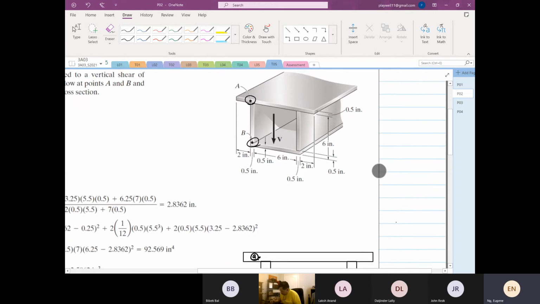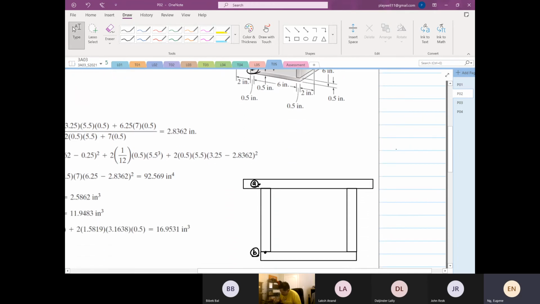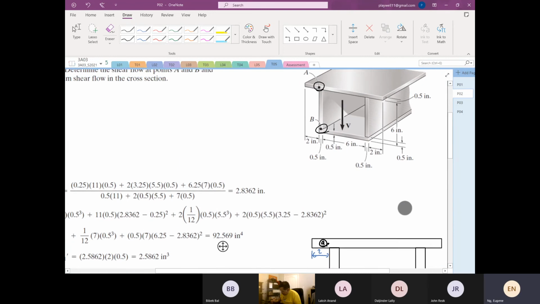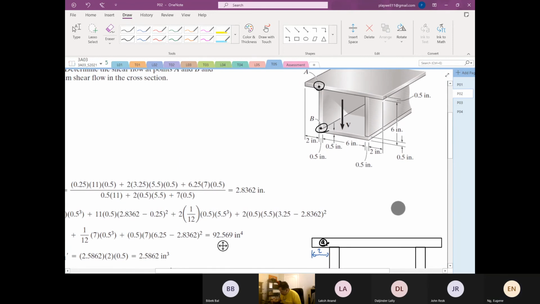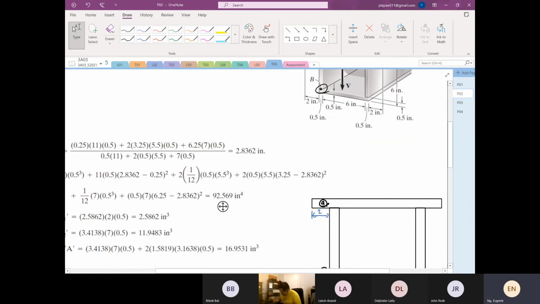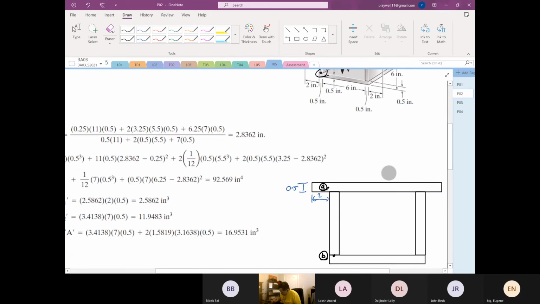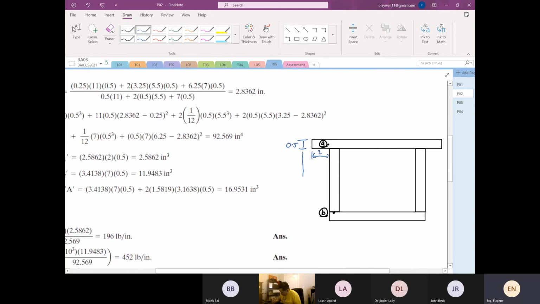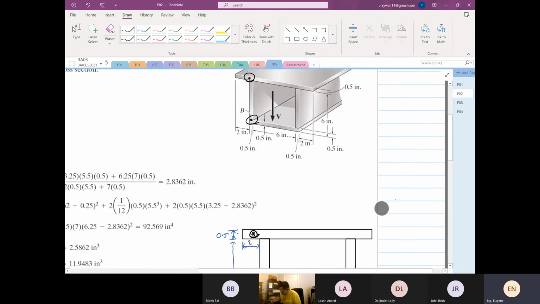is, wait, yeah, this is 6, this is 2, right, and then 0.5, and then here to the bottom is 6, right, and then the width is what?